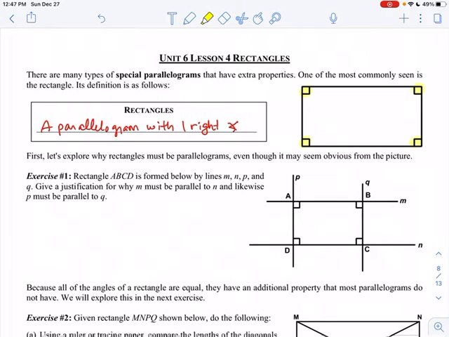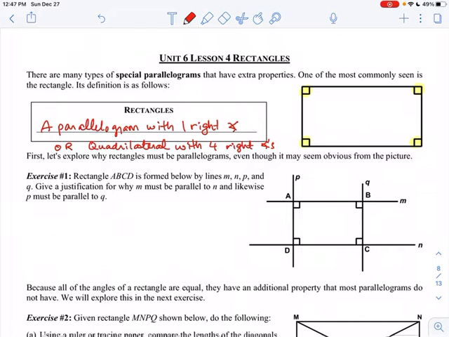All right, so it's a parallelogram with one right angle, or I could actually say it's a quadrilateral with four right angles.